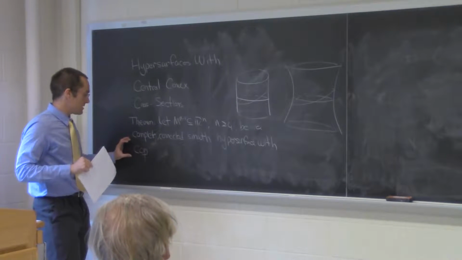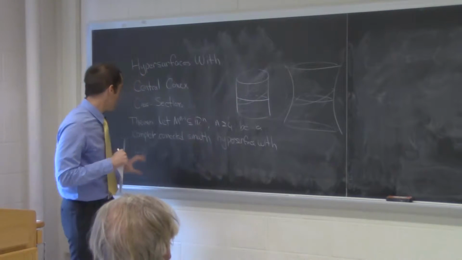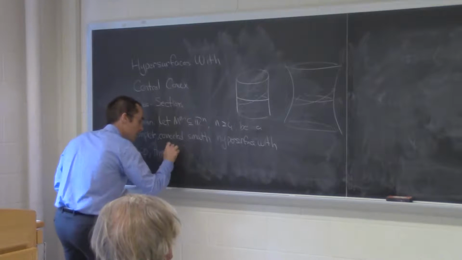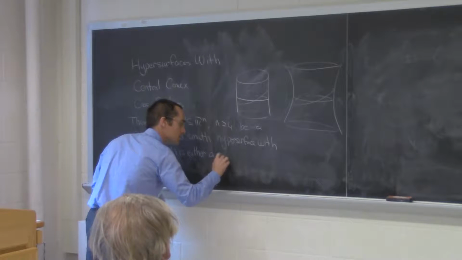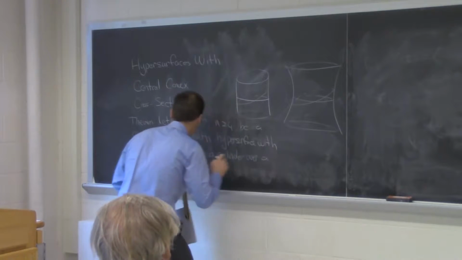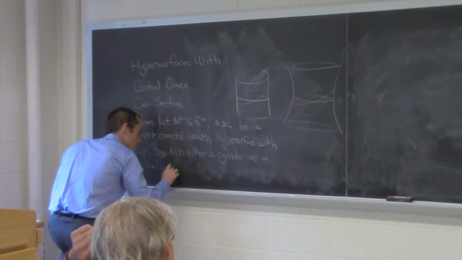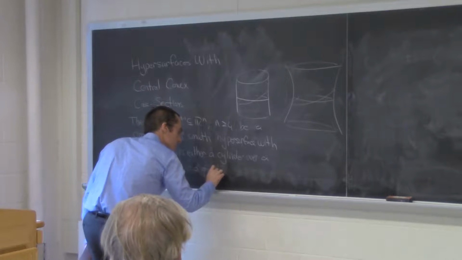I will give a better definition of it, but it is actually just this cross-sectional property, so COP. Then, as I said, M is either a cylinder over a central ovaloid or a quadric.